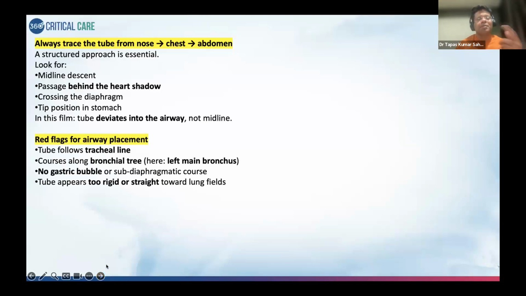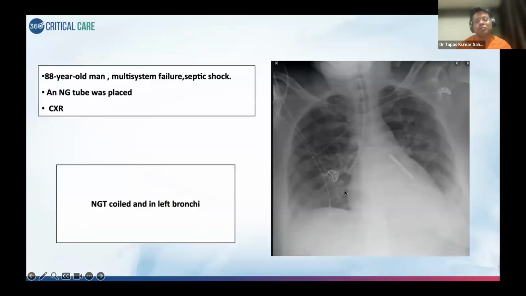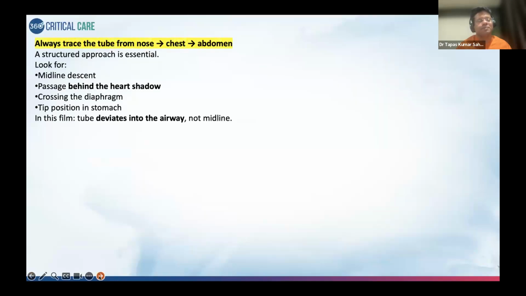You can see the left main bronchus has been intubated. No gastric bubble or subdiaphragmatic course. Everybody can recognize that. And the tube appears too rigid or straight towards the lung field. I'm just showing you. Yeah, it is very straight or too rigid, entering the left main bronchus.